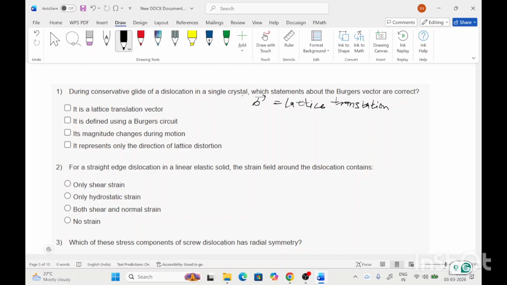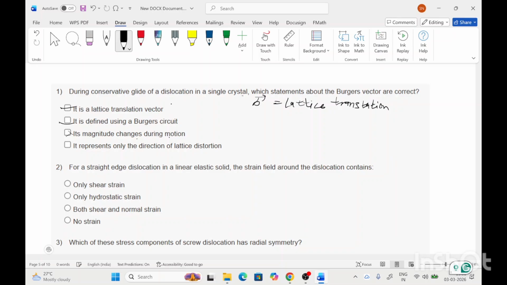In the week 5 lecture we discussed how we can find the Burgers vector by forming a Burgers circuit around a dislocation. So it is defined using a Burgers vector. Its magnitude changes during motion. No, the Burgers vector magnitude does not change, so it is wrong.